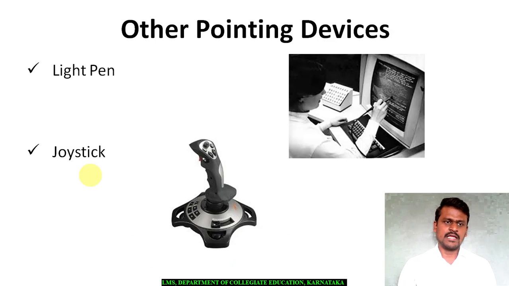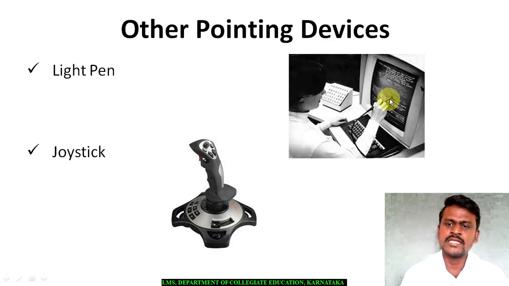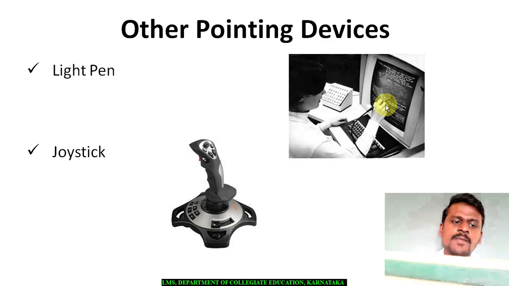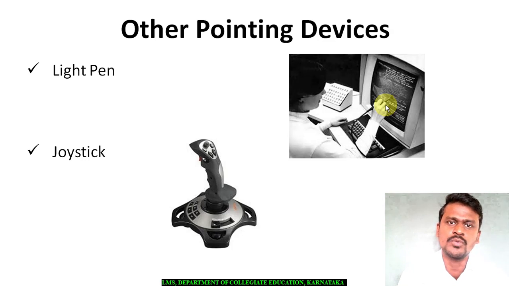Other pointing devices are like the light pen. A light pen consists of photoelectric cells. You can see here, this pen consists of photoelectric cells, which are packed into a tube.